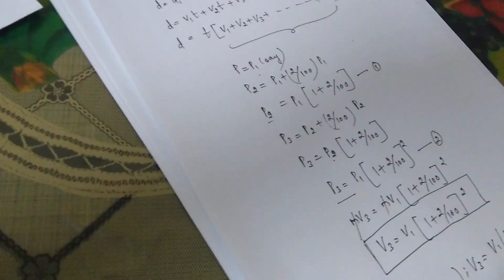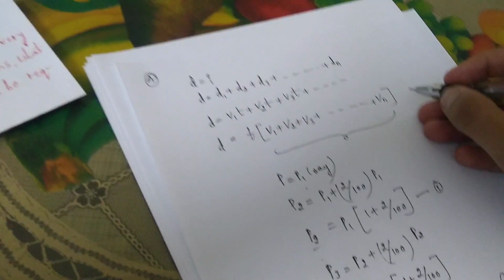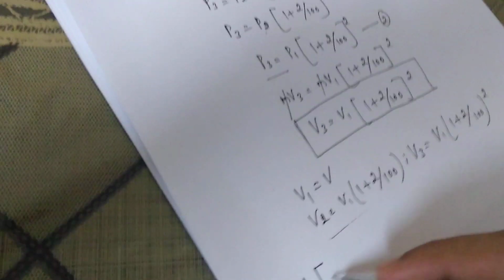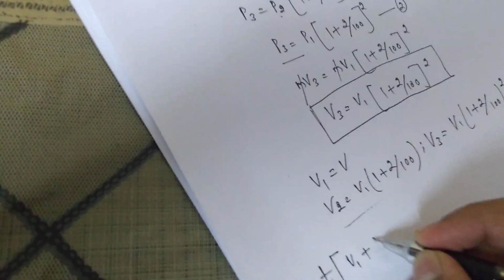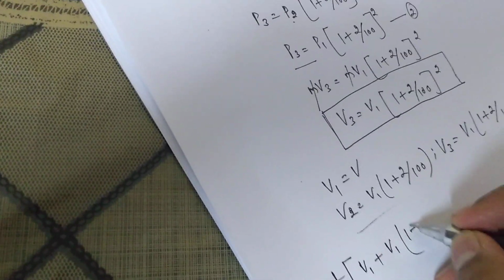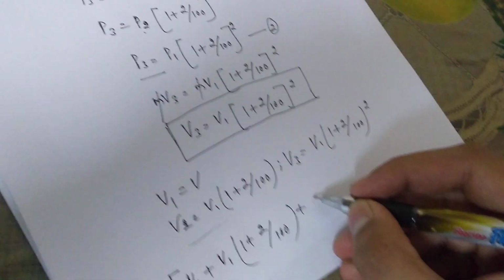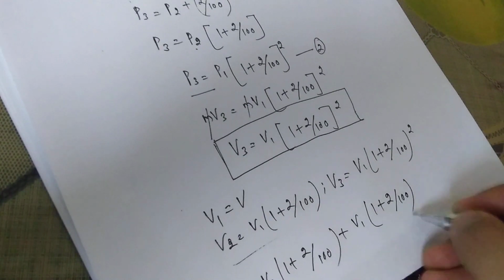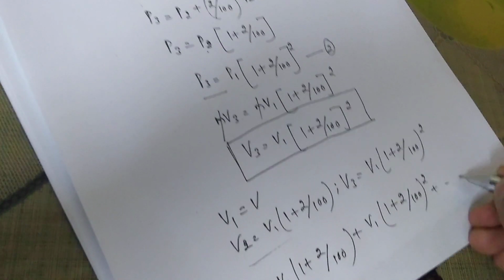If we substitute these values in this equation, what are we going to get? D equals T into V1 plus V1 into (1 plus 2 over 100) plus V1 into (1 plus 2 over 100) whole square, and so on.